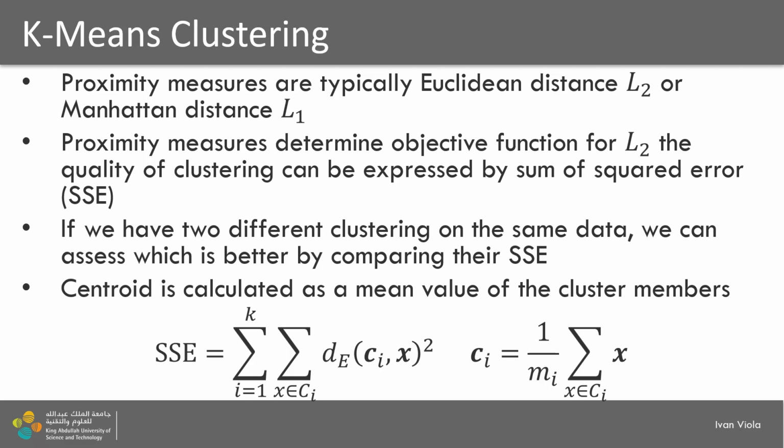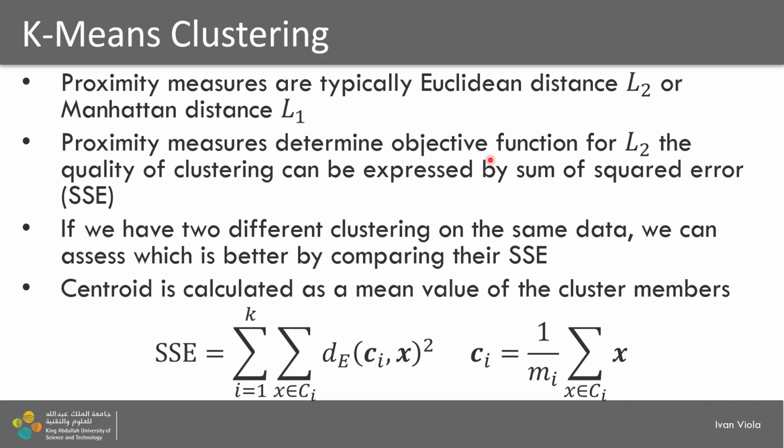But if we are using some other domain, like for example, document analysis, we might choose a different proximity measure as we have discussed before. So the proximity measure determines the objective function of the process of this k-means clustering.